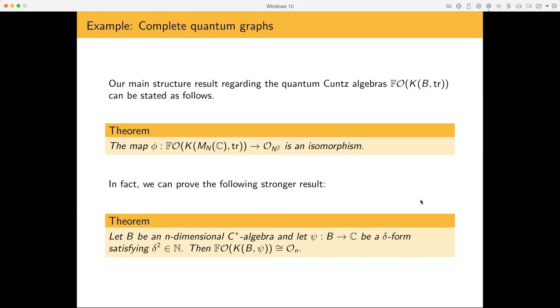And then this example of the trivial quantum graph that I showed you suggests that one probably shouldn't put such a condition. It seems that the unit is something which just happens in classical Cuntz-Krieger, but doesn't happen very often in this setting, if that makes sense.